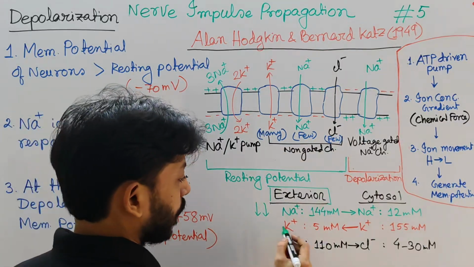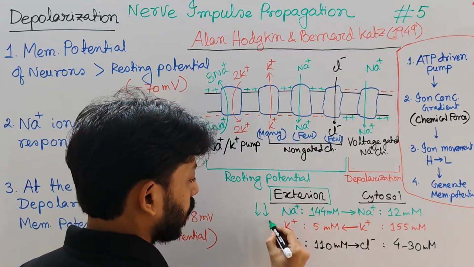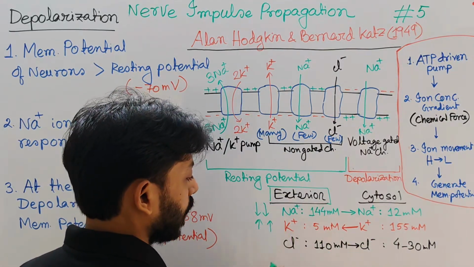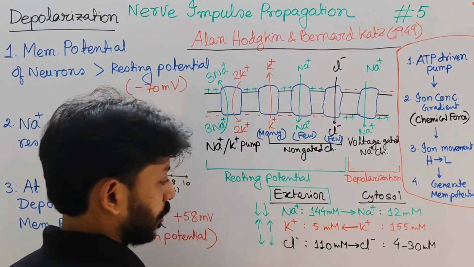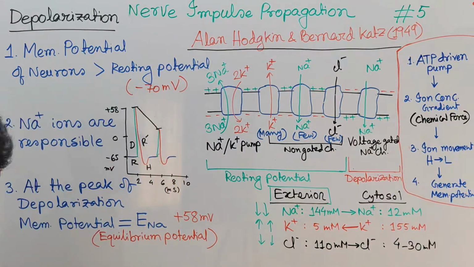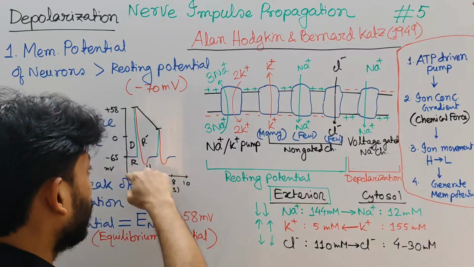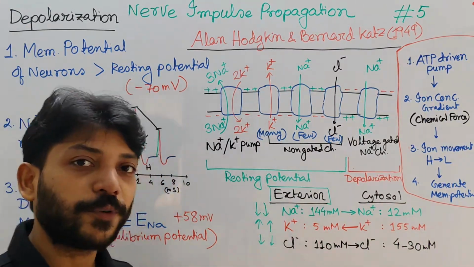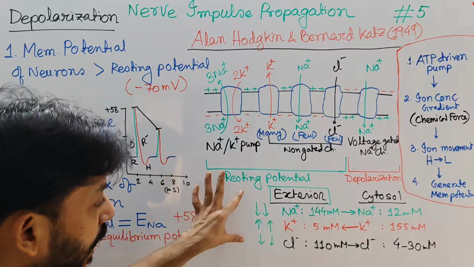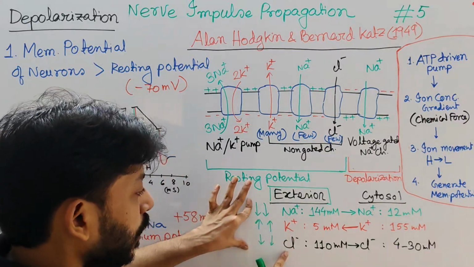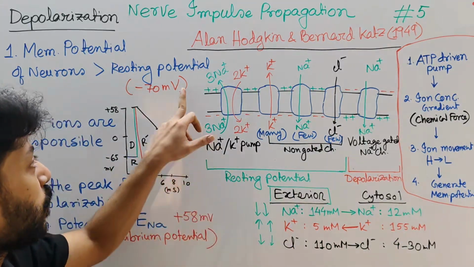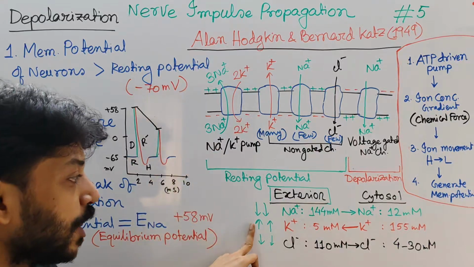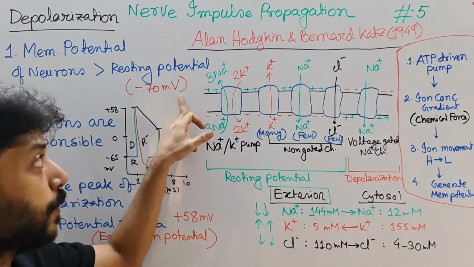The same is true for potassium: because it is lower outside, they increased the potassium concentration, and they decreased the chlorine concentration because it is higher outside. So they observed what happens to the membrane potential. As I mentioned in my previous video on resting potential, when they changed the concentration of sodium and chlorine, there was very little change in the resting potential, but when they increased the potassium concentration, the resting membrane potential changed.